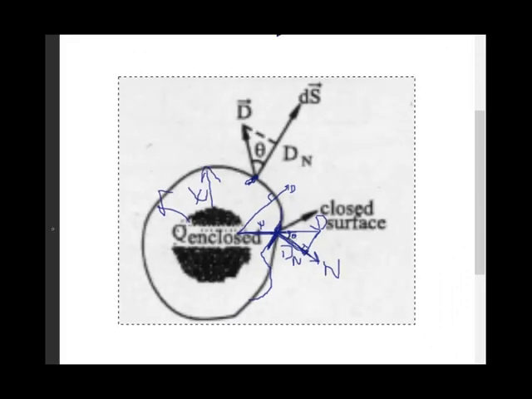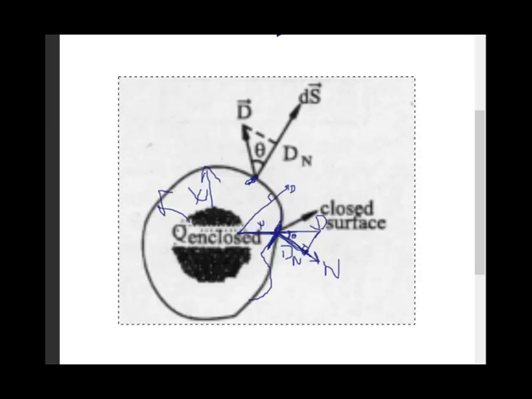This is what Gauss law has explained. So Gauss law states that the total electric flux crossing or leaving the closed surface is the same as the total charge enclosed by the surface, provided the surface is uniform.